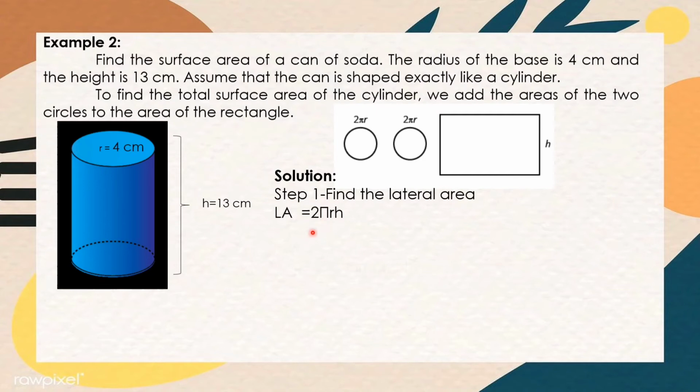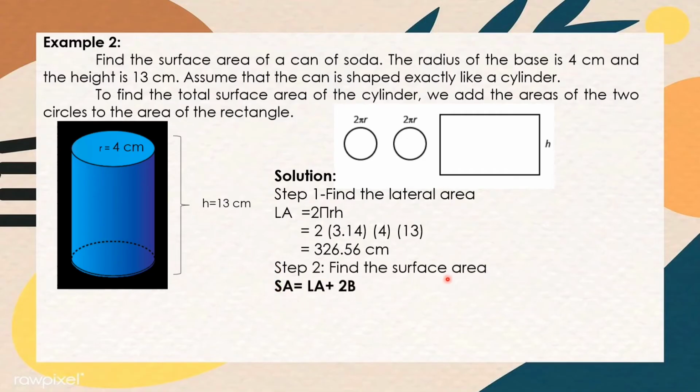So we have here 2 times 3.14 times 4, which is the radius, and then the height, which is 13. So let us multiply all the numbers. So we come up with 326.56 square centimeters.